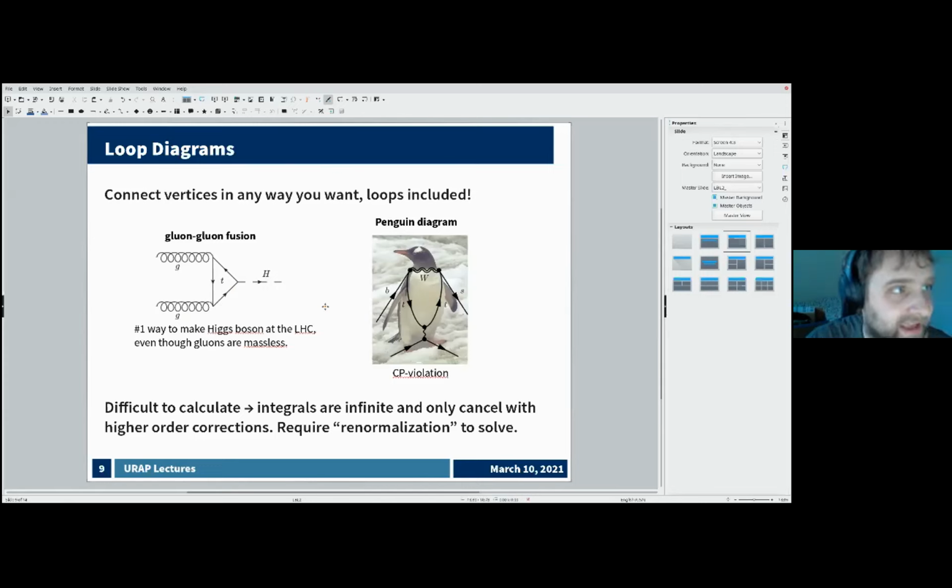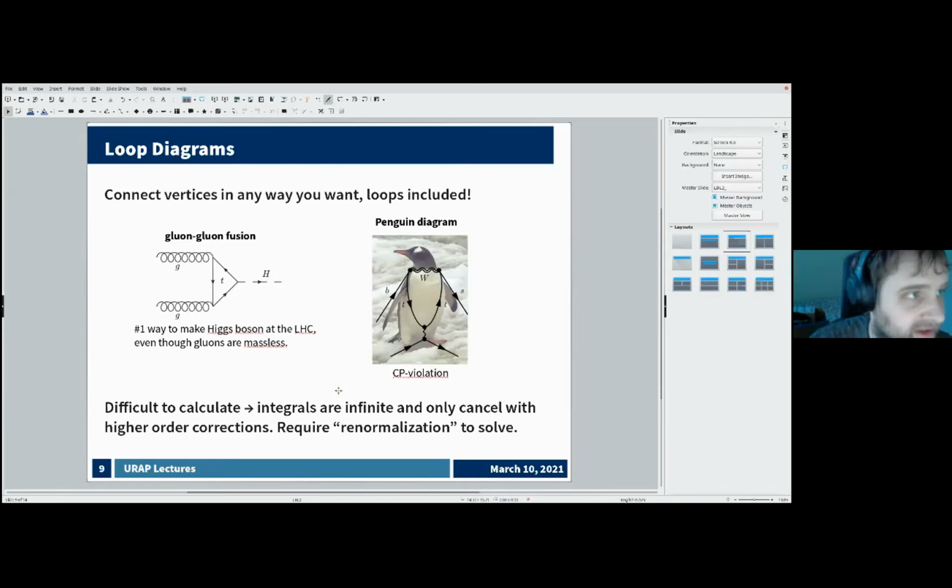And what happens is that if you include all of the possible loops, all of these infinities, some with plus signs, some with minus signs, end up canceling to give you a physical answer. Of course, the problem is that calculating all possible loops, because you can have an infinite number of loops, can get very difficult.